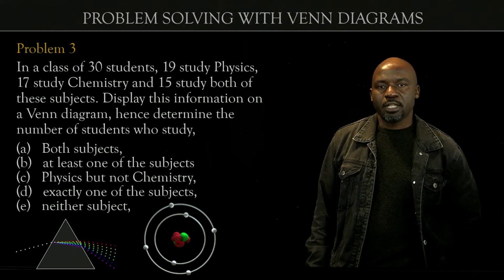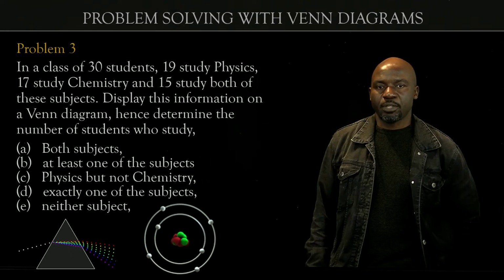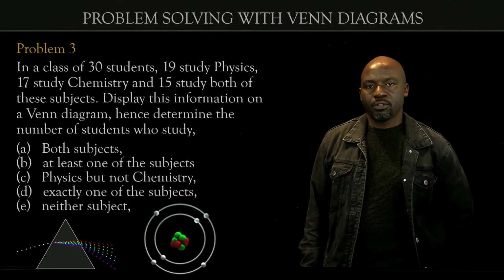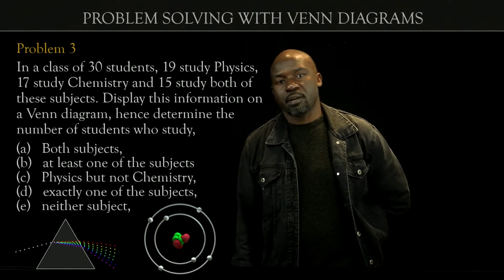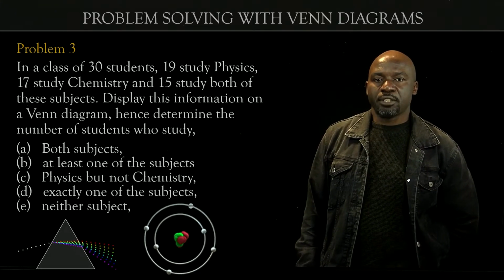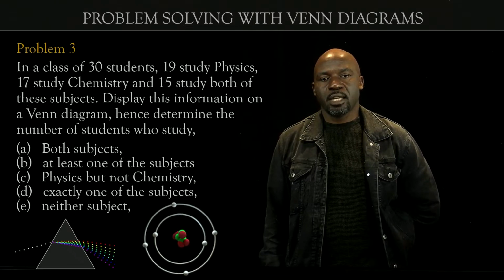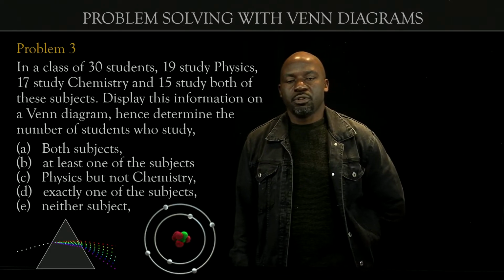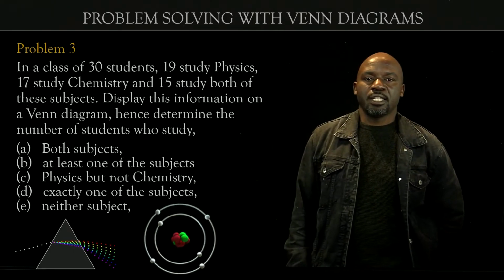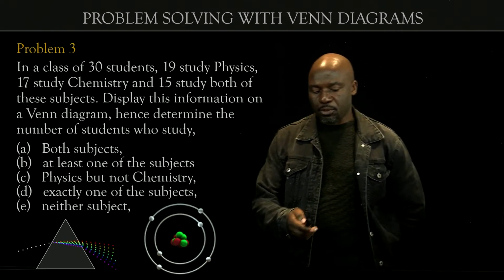Find the number of students that study at least one of the subjects, and then determine the number of students that study physics but not chemistry. Part D requires you to find the number of students that study exactly one of the subjects, and Part E, you should determine the number of students that study neither of the two subjects.